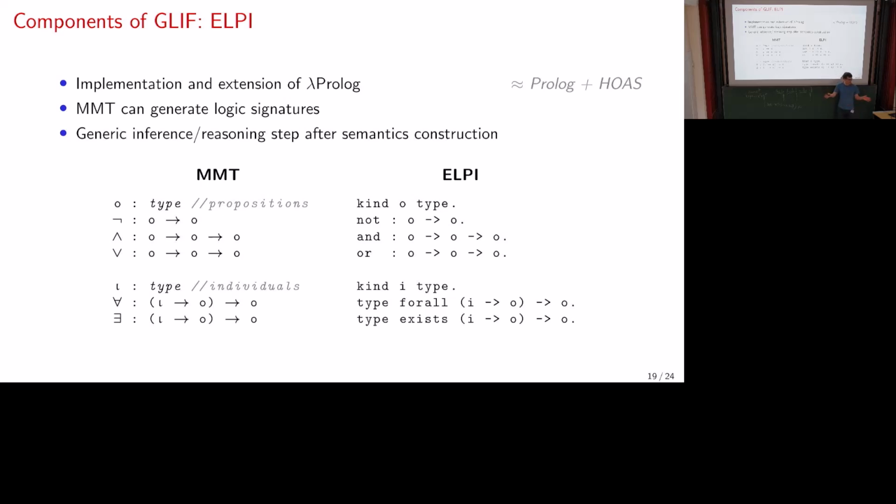If we use a very small, very simple logic, then we can just take the signature to LP automatically, because it's the same thing. If you use complicated things, that might not work anymore. We have to be more creative. And then we use LP as a general purpose inference, reasoning, whatever we need step, because it's an actual programming language. We experimented a bit with automatically generating provers from the specification in MMT, but it only works as a prototype so far.